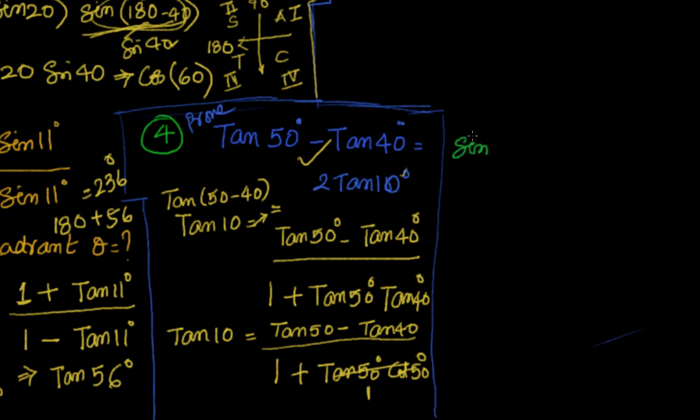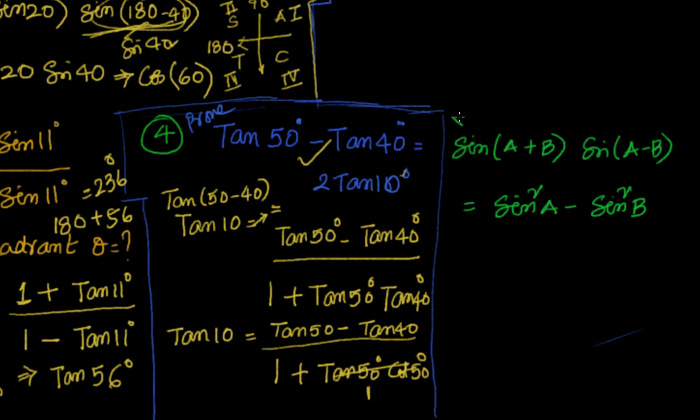You take sine of A plus B and multiply that with sine of A minus B. You know the formula for sin of A plus B is sin A cos B plus cos A sin B. Similarly, sin of A minus B is sin A cos B minus cos A sin B. If you multiply and simplify that, it becomes sin square A minus sin square B. That is one formula you have to remember.